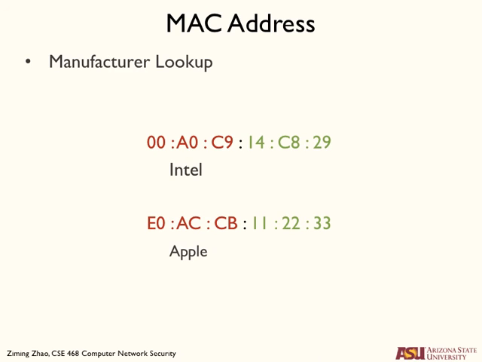So if I give you a MAC address like this, by looking at the first 24 bits, you will be able to find out who manufactured this network adapter. In this case, 0080 C9 is from Intel, and E0 A6 AB is from Apple.